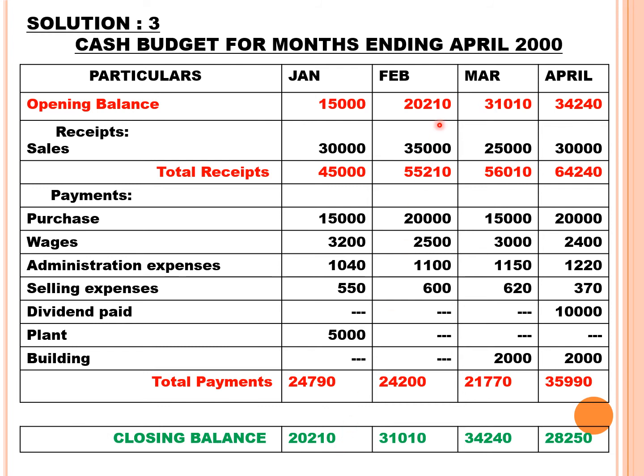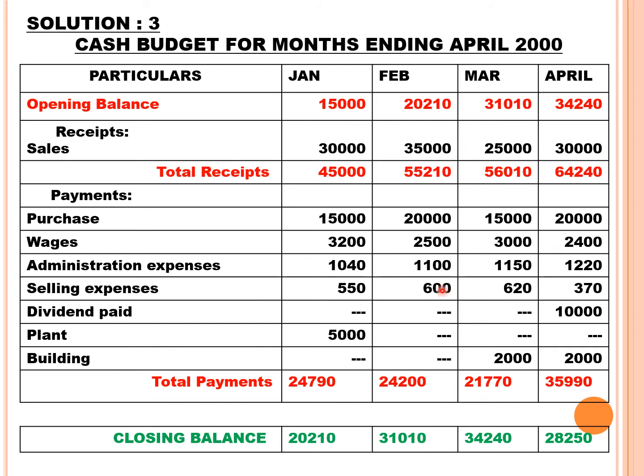So total payment 24,790. So we get a closing balance, receipt minus payment, 20,210, brought forward to the month of Feb. Then we take the sales of December. December sales will be received in Feb. Total receipt 55,210. December purchase will be paid in Feb. Next, wages 1 month. January wages paid in Feb.